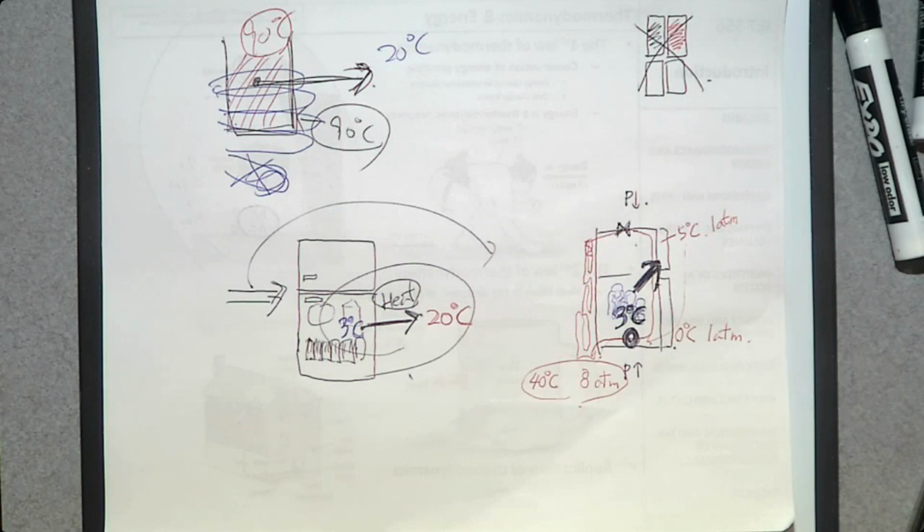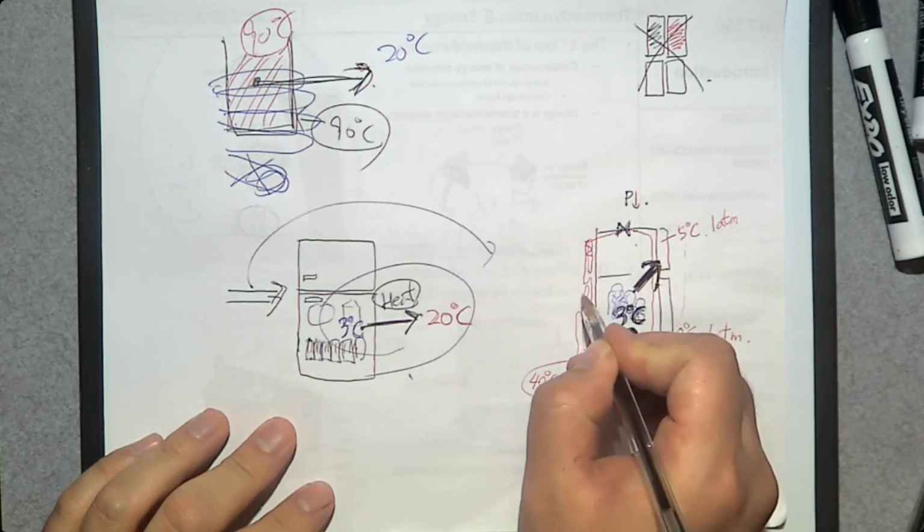In the new refrigerators, you don't see those pipes in the back. If you touch the surface, it's going to be hot because there are small pipes embedded in the surface. So this 40 degrees Celsius is greater than the room temperature in the kitchen. So what happens? Heat transfers from here to the outside.